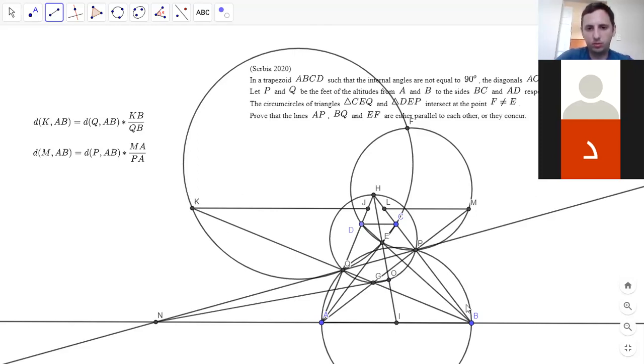And so we want to show G has the same power with respect to those two circles. Trying to use Casey's theorem. I don't know if that helps.